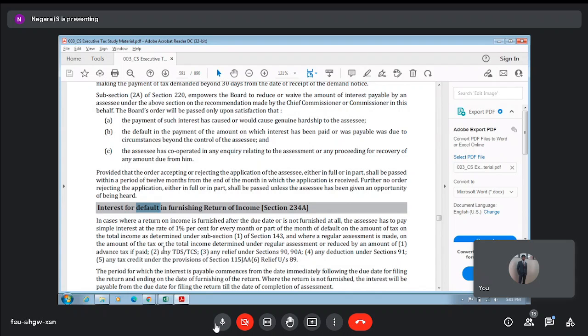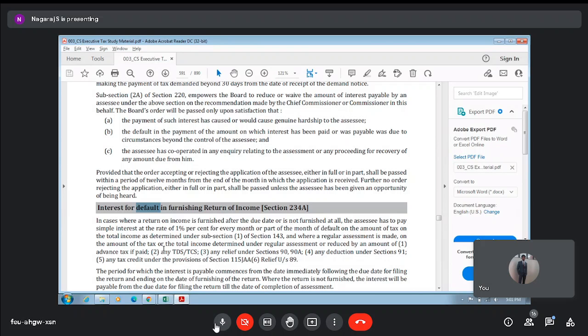Persons who are liable for tax audit are required to file the return of income on or before 31st October, and so are companies and partnership firms whose accounts are required to be audited.